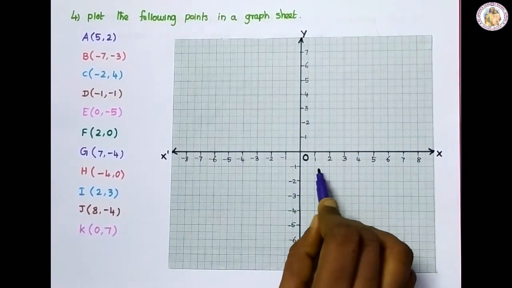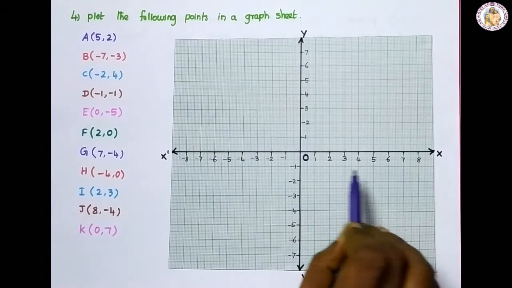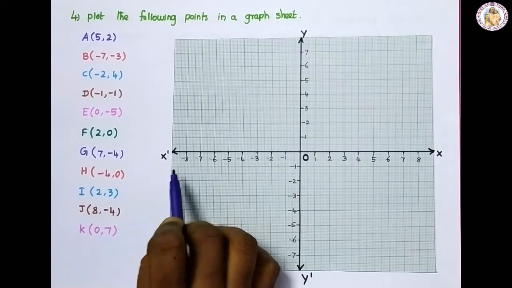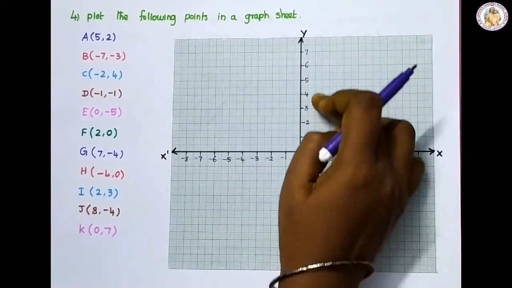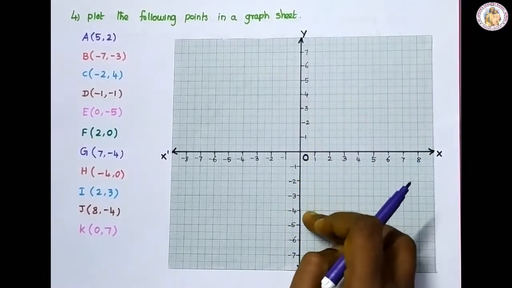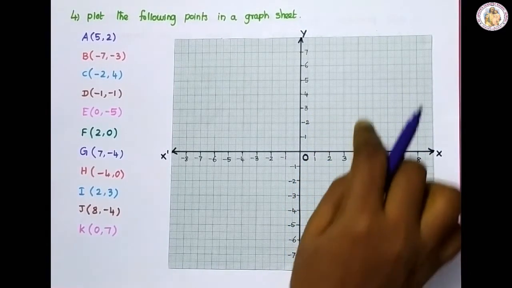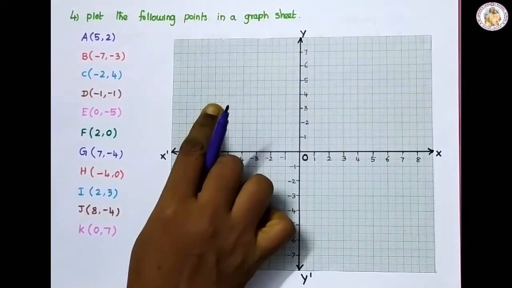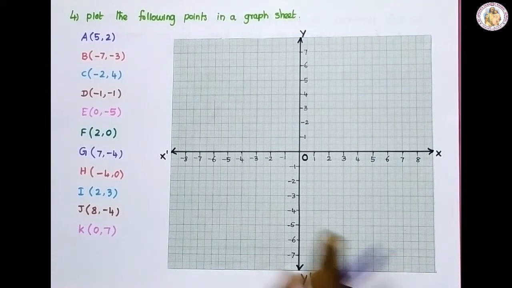And write the positive numbers on the right side, that is OX, and OX dash is negative numbers, and here upside positive and downwards negative. So it is first quadrant, second quadrant, third quadrant, fourth quadrant. We know that very well.